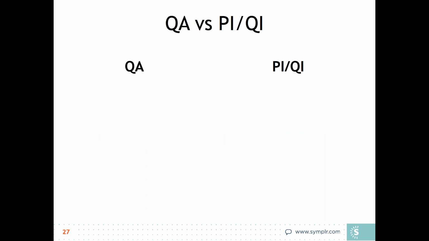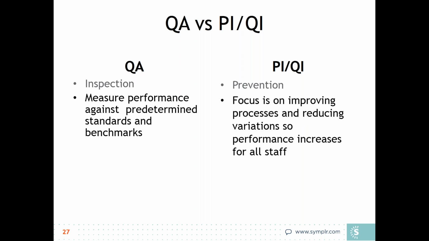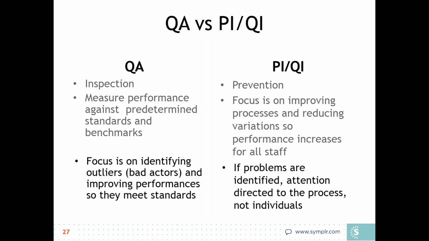So just to give you a little bit of a side-by-side example. Quality assessment or quality assurance is about inspection, and PI or QI is more about prevention. QA is more about measuring performance against predetermined standards and benchmarks, and PI or QI focuses on improving processes and reducing variations so performance increases for all staff.